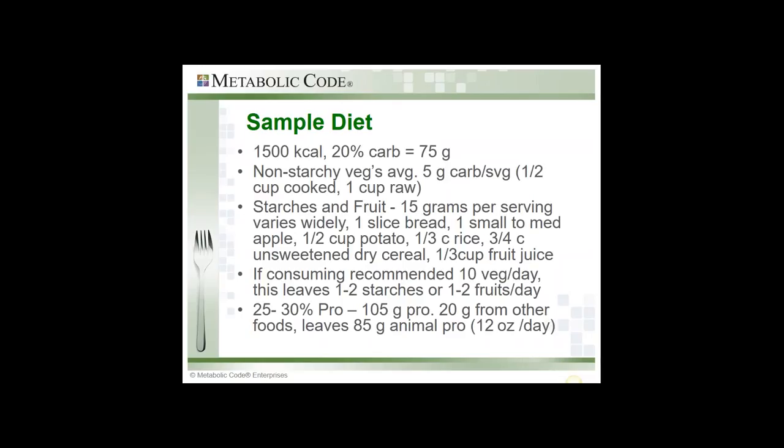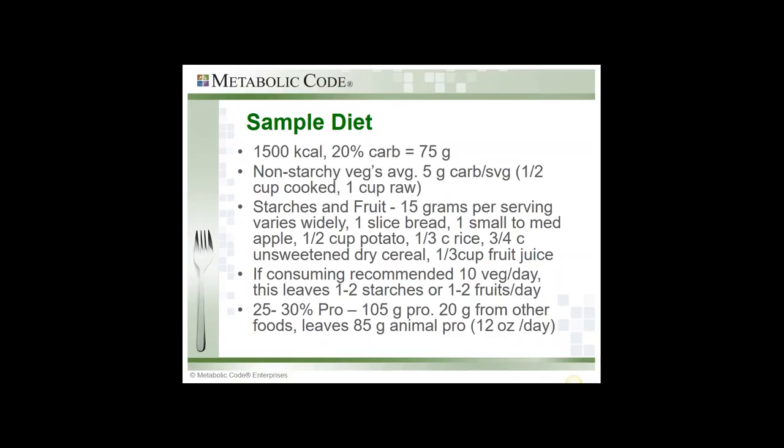If they're consuming the recommended 10 vegetables per day, going a little bit higher even, then this would leave 1 to 2 starches and 1 to 2 fruits. Since we've ratcheted down the carb, we go up on the protein and fat.